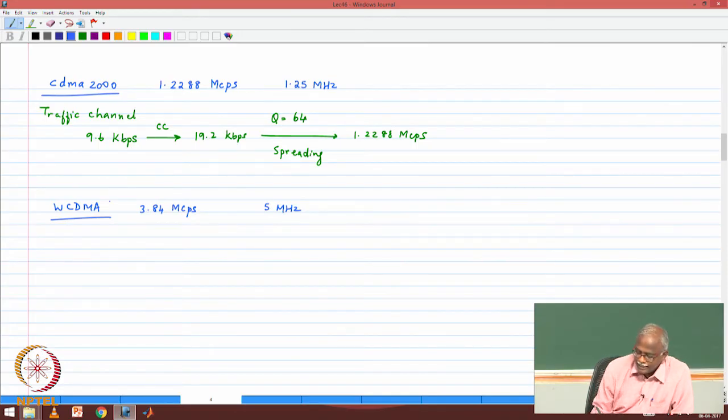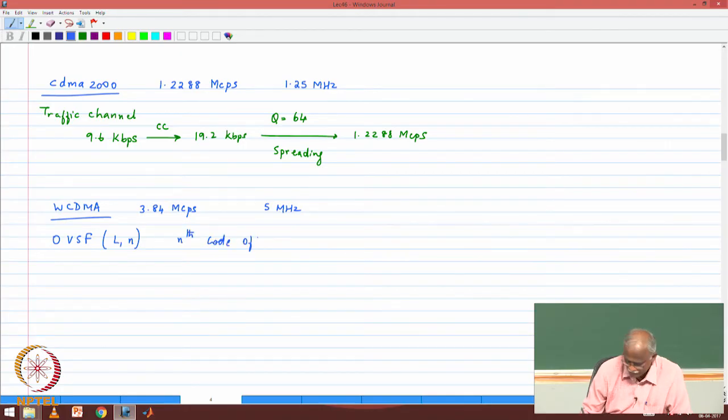In this case, the spreading factors are not from the Walsh-Hadamard family, but from the OVSF set. OVSF L comma N represents the nth code of length L.